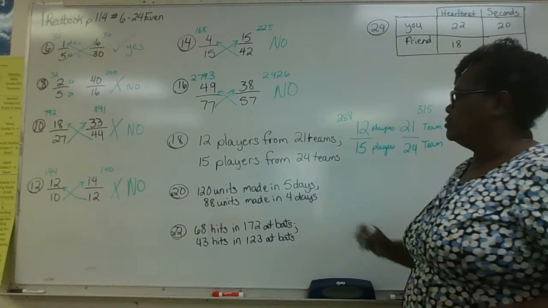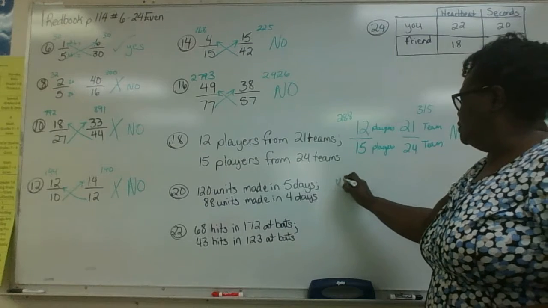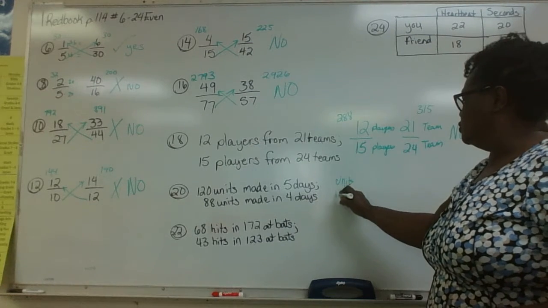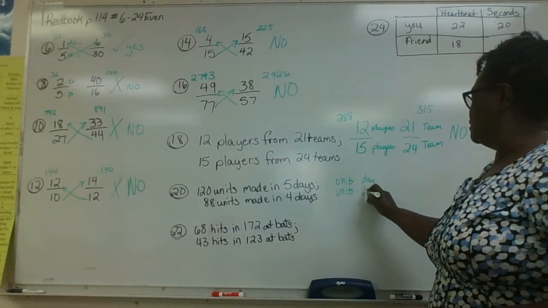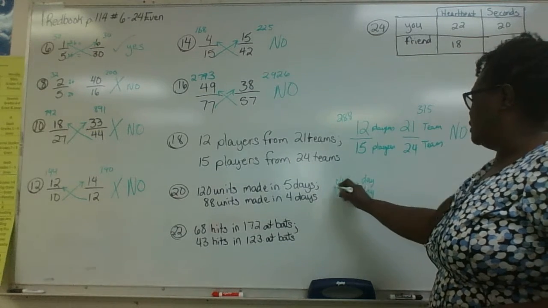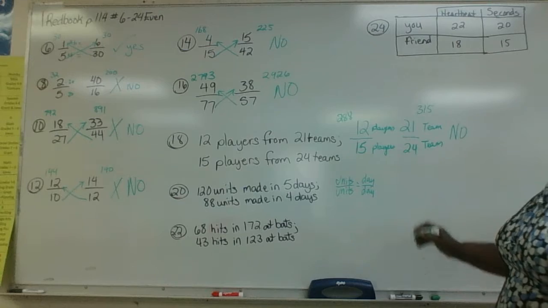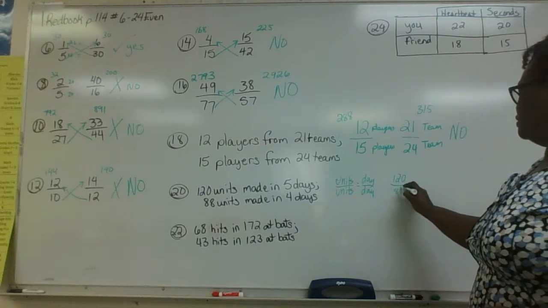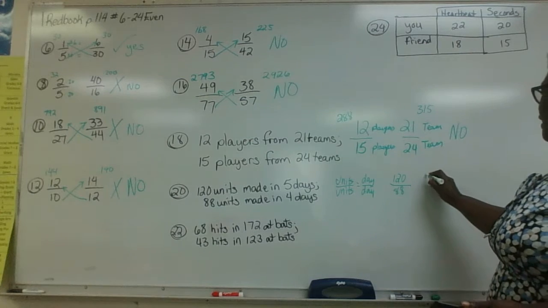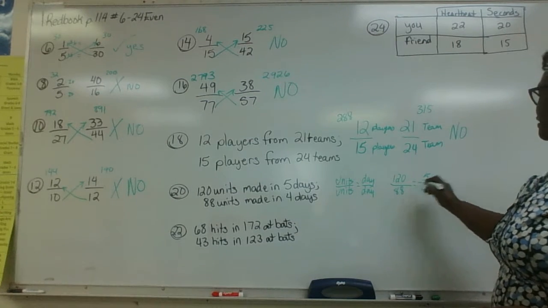Let's look at 20. We have units to units, days to days. Okay, 120 units to 88 units, 5 days to 4 days.